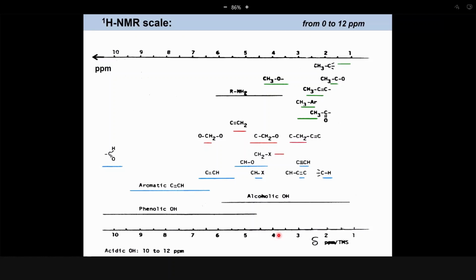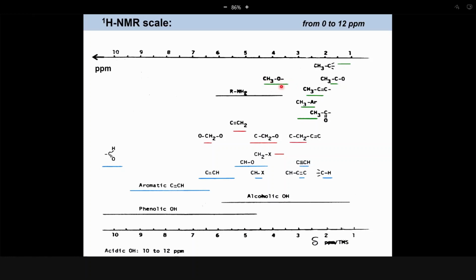You can see here that if you have a heteroatom close to the proton, even if it is a CH2 or it could be a CH3 also, you will not be around 1 ppm, but around 3.5 to 4 ppm.